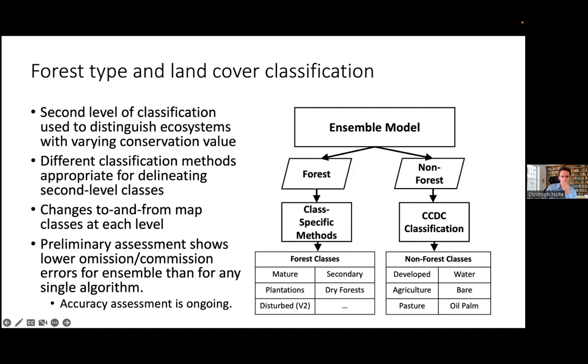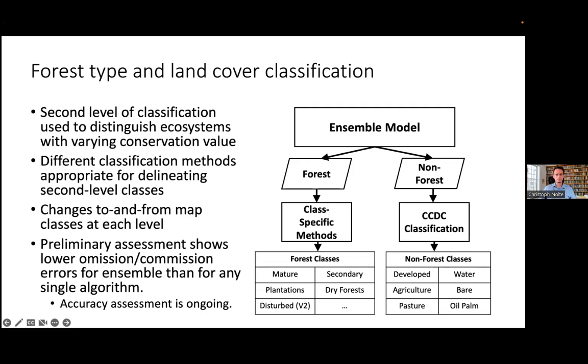And so for each of the different forest types, we've developed specific methodologies based off of our knowledge of that ecosystem, and apply that to distinguish classes such as dry forests, secondary forests, mature plantations, oil palms, various different classes, and each of those have their own specific methodology that I won't really get into each of them here.